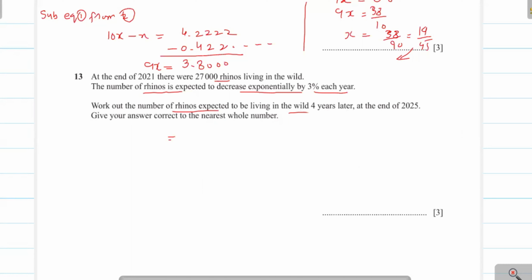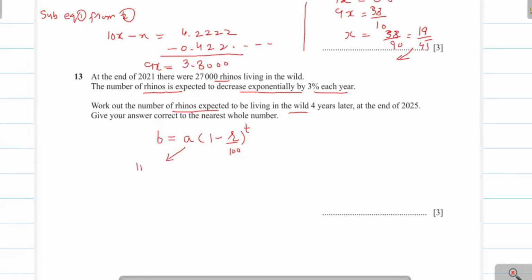We will use this formula: B equals A into (1 minus r) to the power t. Here r is the R percent, and we can write R over 100. A is the initial value, and B is the value after the exponential decrease.